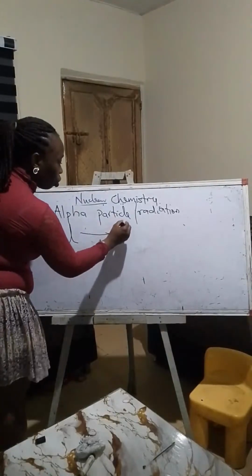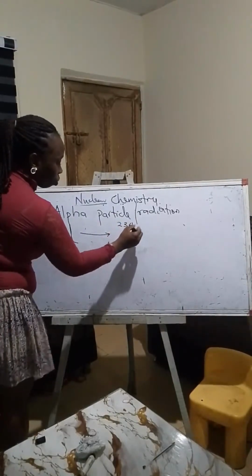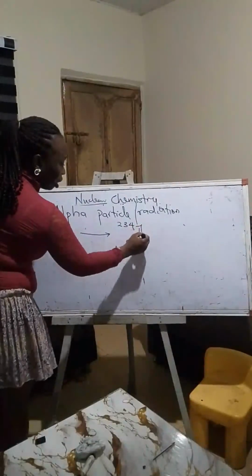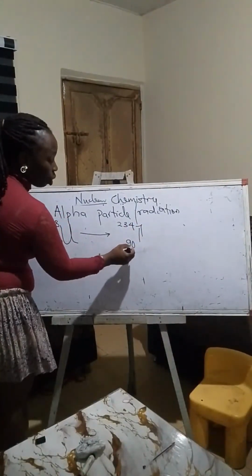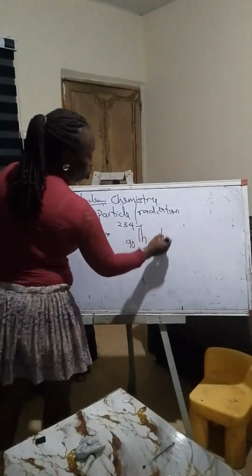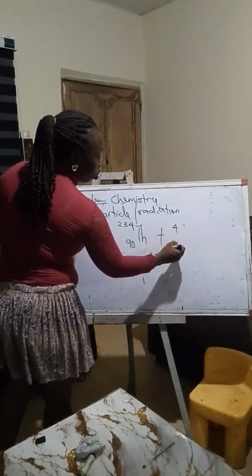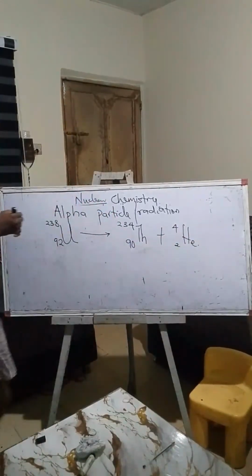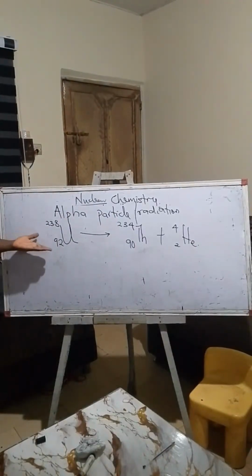We now have 234 and 90. This is 90, the atomic number. What element bears 90? Thorium. And this means 4/2 helium. This is how to balance a nuclear reaction.